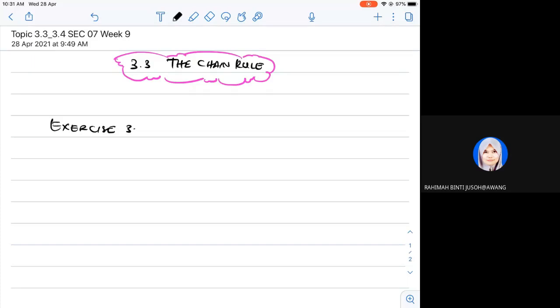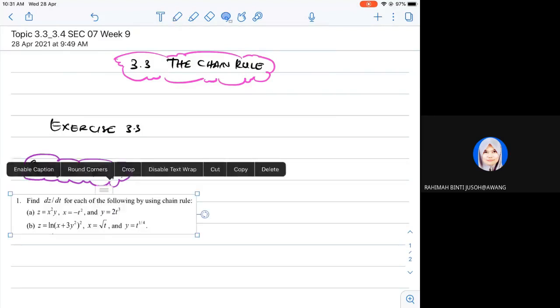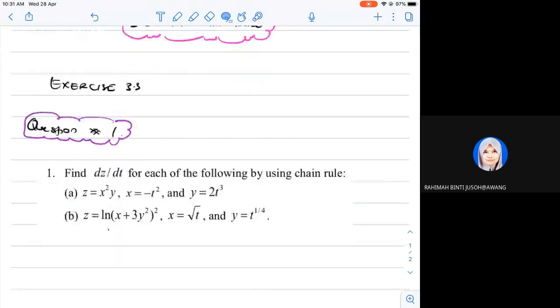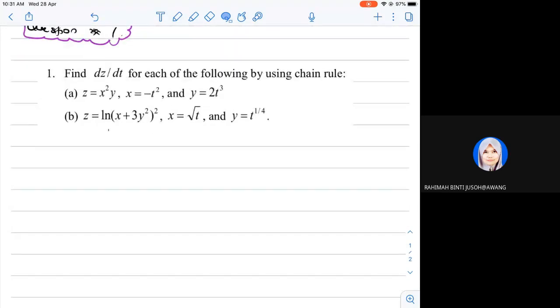Exercise 3.3, question number 1. Okay, question number 1A quite easy, so let us proceed to question number 1B.